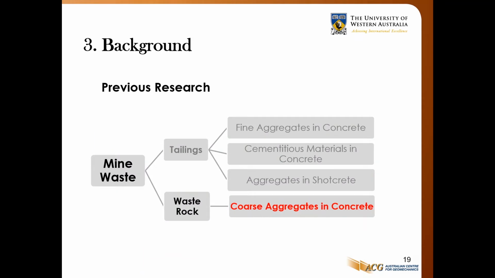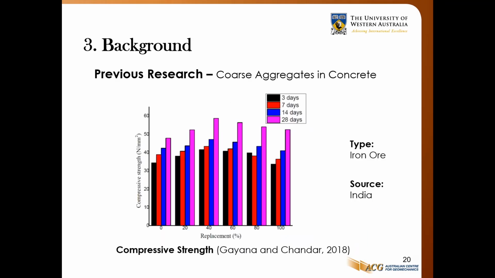Some scholars have done some work on the utilization of waste rock to replace the coarse aggregates in concrete. We can see that this is the normal concrete, and these are the concrete using the waste rock, and the compressive strength is comparable, it's satisfactory.